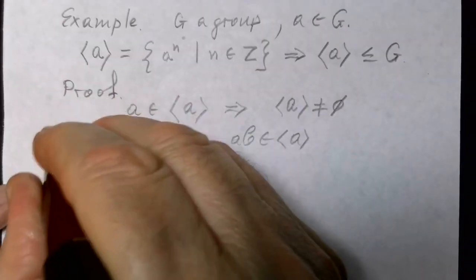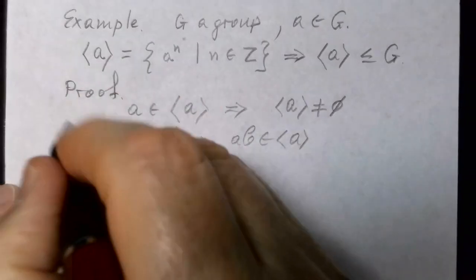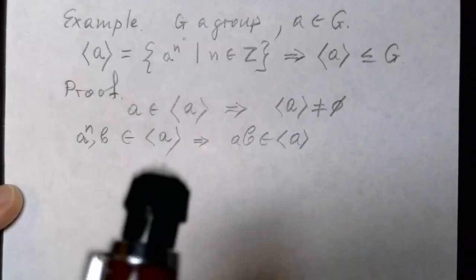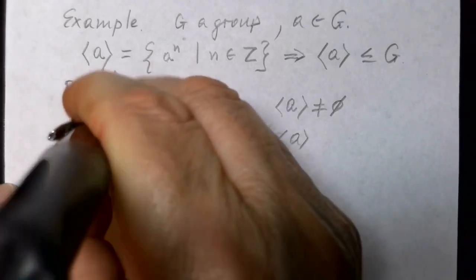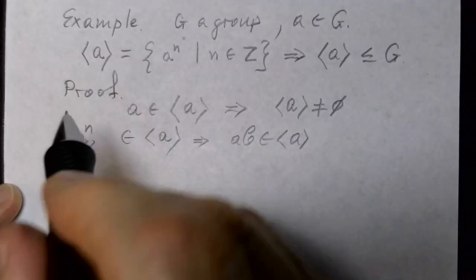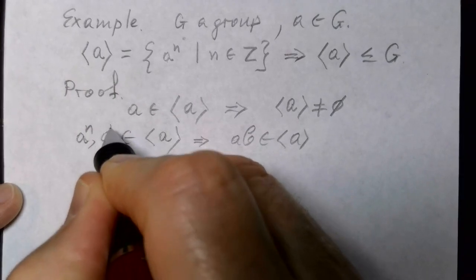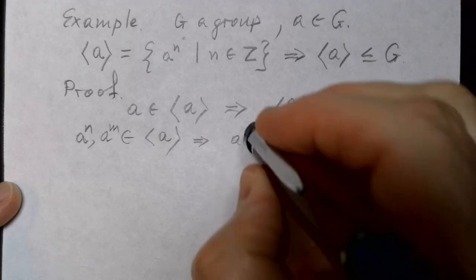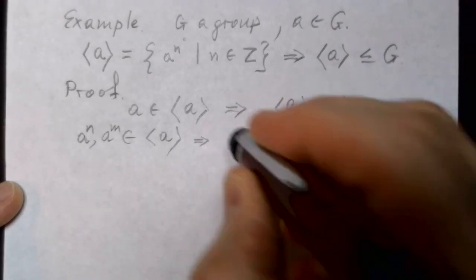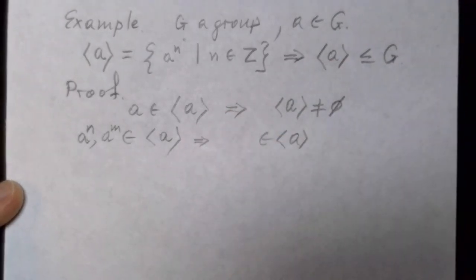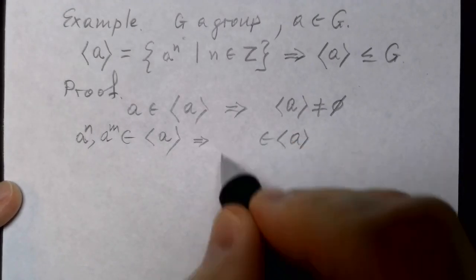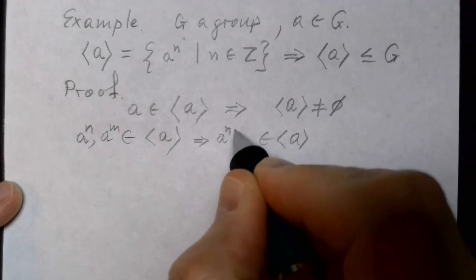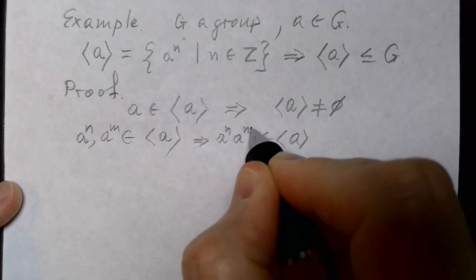I'll take rather A to the n and A to the m, where n and m are integers, because the elements of this subset look like that. They are integer powers. Prove that A to the n times A to the m is also there.